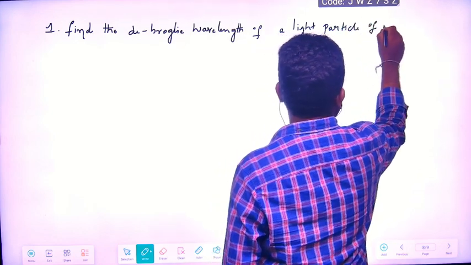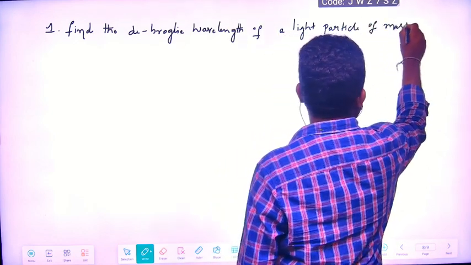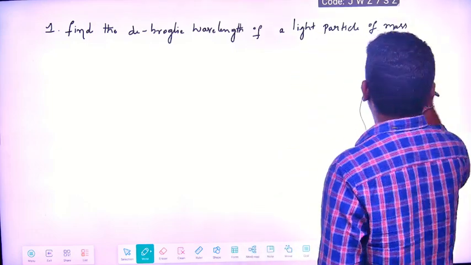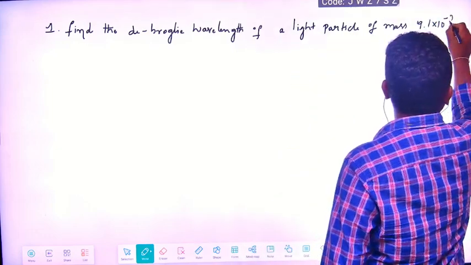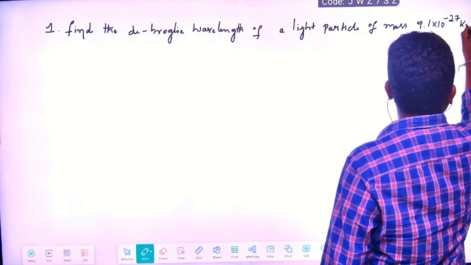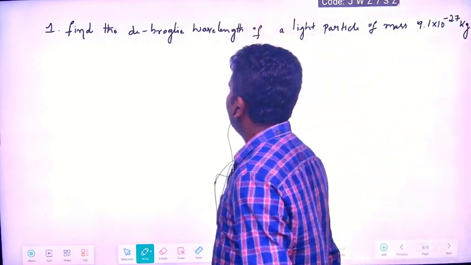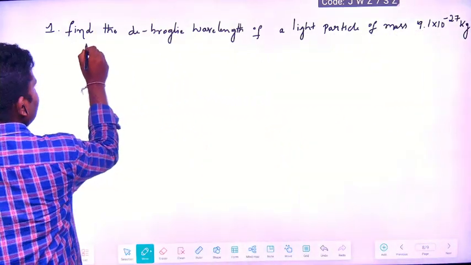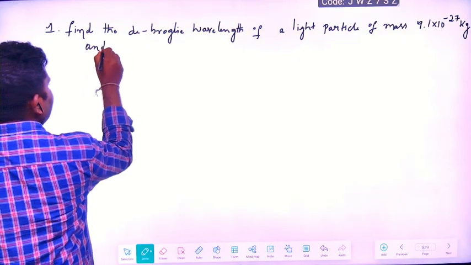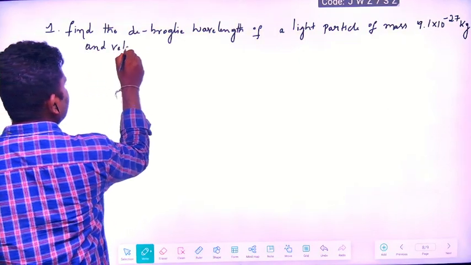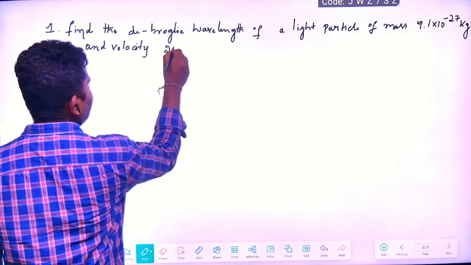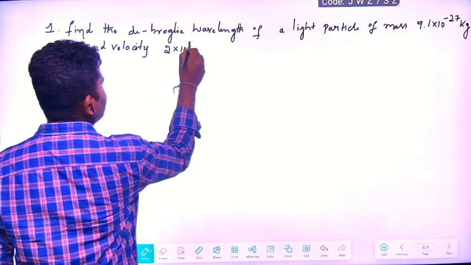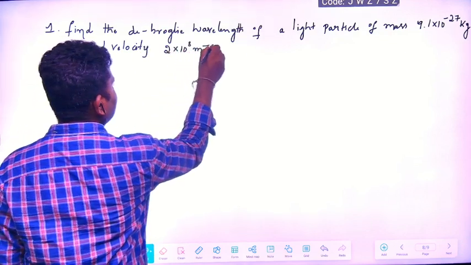Of mass 9.1 into 10 to the power of minus 27 kg, and velocity 2 into 10 to the power of 8 meter per second.